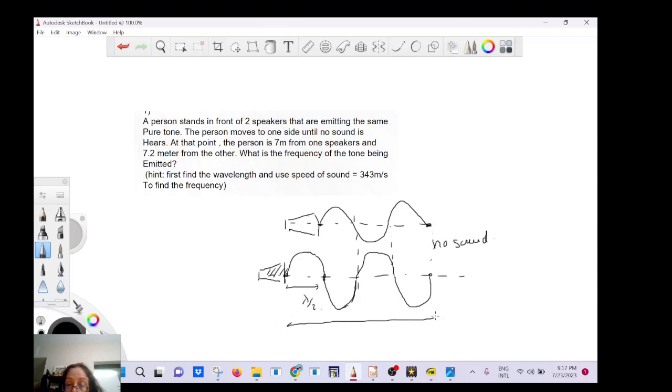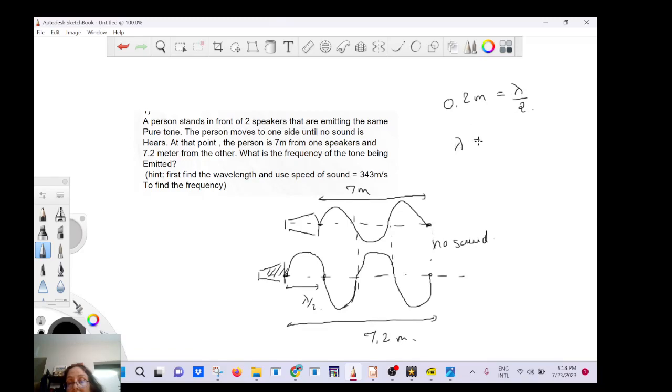So if that distance here is 7.2, this distance here is 7 meters. That means they are out of phase, and it's the first distance, right? Then you can move, and it's going to be loud, and then move, and there will be no sound. So just shifted by 0.2 meters, that's going to be half of a wavelength.